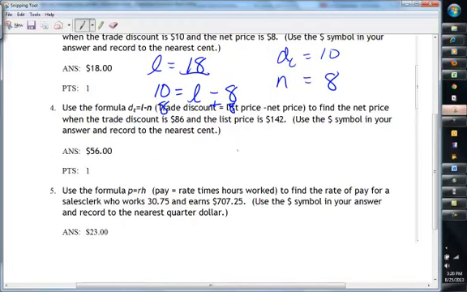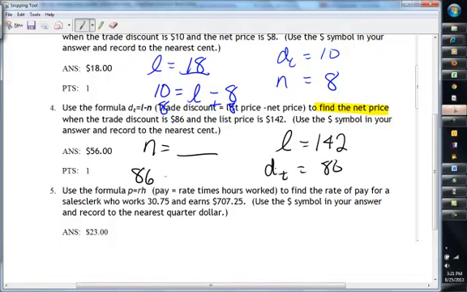This time, we're going to do the same thing, only we are looking for the net price. So we would say N equals blank. List price is 142. The trade discount is 86.